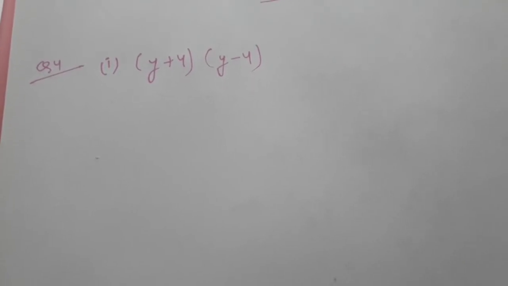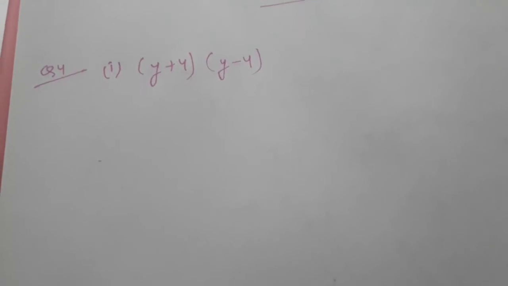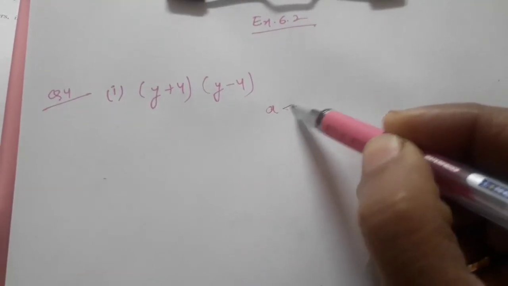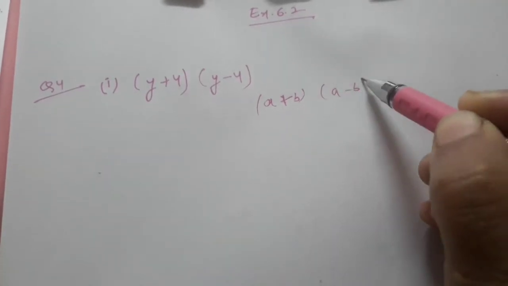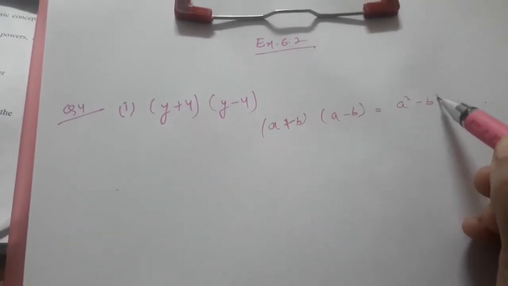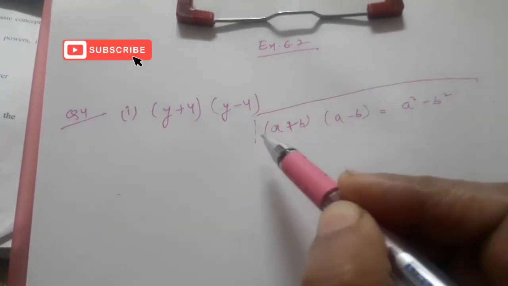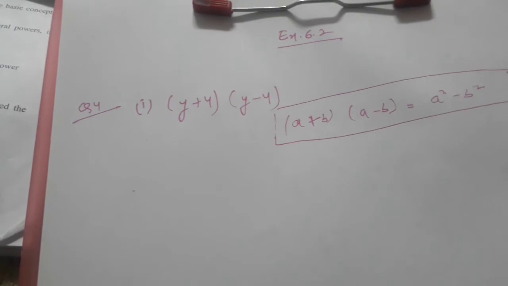Now in question number 4 we will solve using the identity (a plus b)(a minus b), which is always equal to a square minus b square. Based on this identity we will solve all the parts of question number 4 today.